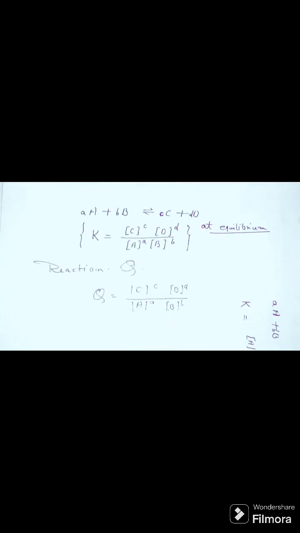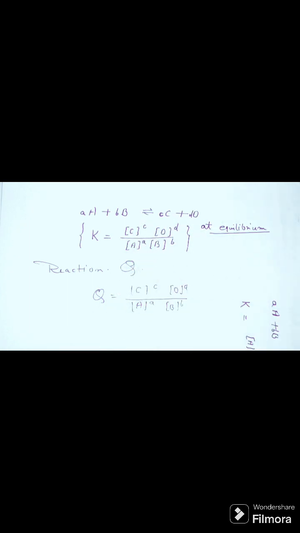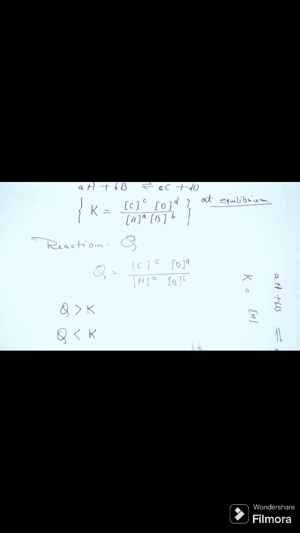Alright, now we can have two cases. The first case is the value of this Q, if the reaction I am talking about is not at equilibrium. So this Q value can be either greater than K, or less than K. If Q value is equal to K, that means it is the equilibrium case only.